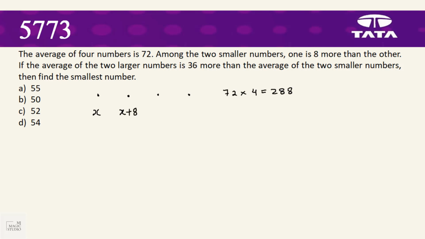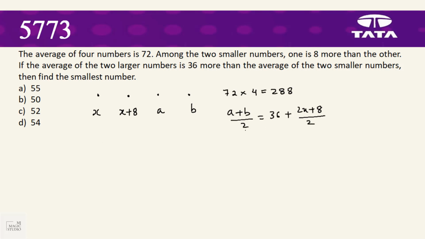The average of the two larger numbers, these are the two larger numbers, their average, (a plus b) by 2, is 36 more than the average of the two smaller numbers. It is 36 more than (2x plus 8) by 2. Then find the smallest number.